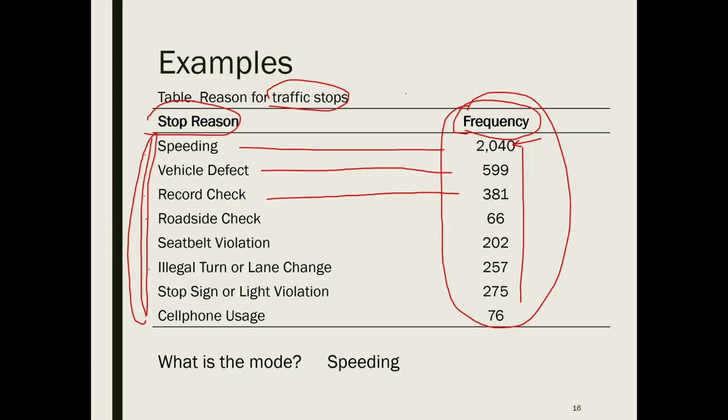So in categorical variables, the frequency is used to find the mode. The mode is the label's name, which is speeding. If you put 2040 here, it is wrong because this is a categorical variable. You should put the label's name, speeding.